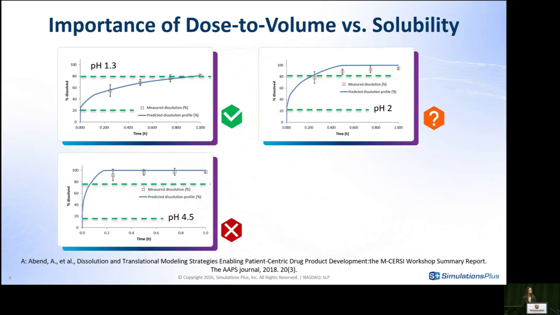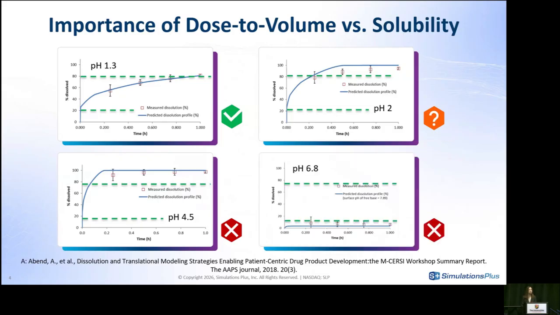The next profile on the lower right is non-ideal because, as you can see, most of the drug has dissolved before the first time point. And one possible way to remedy this might be to increase the dose to volume in order to slow down the dissolution. The last curve has the opposite effect, where in this case, the dose to volume was much too high.